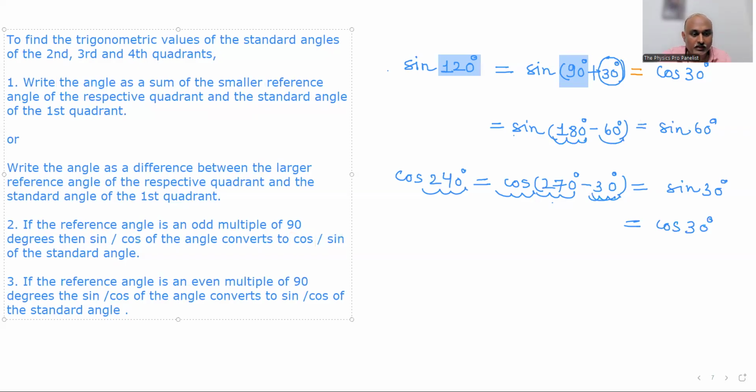Okay, sir. Now the reference angle will always be 30 degrees. Cos 240 will always be cos 30.